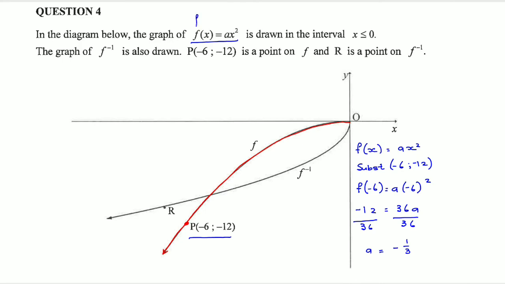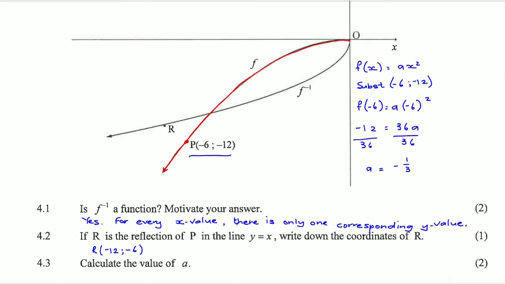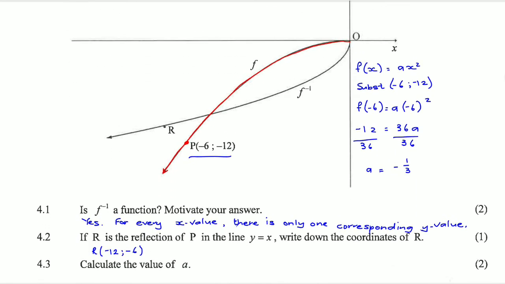So f of x will be equal to minus 1/3 x squared. And we can write our answer down here. a is equal to minus 1/3.